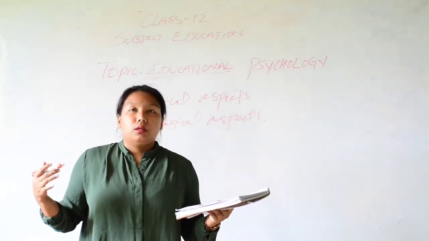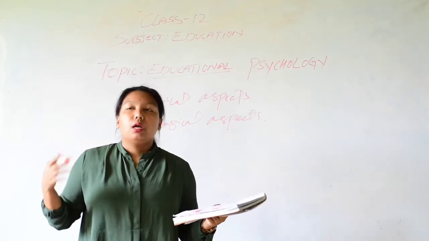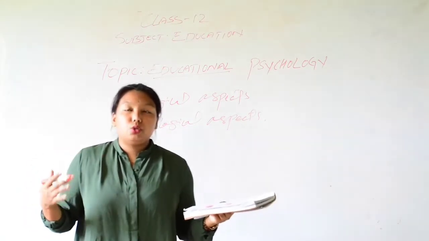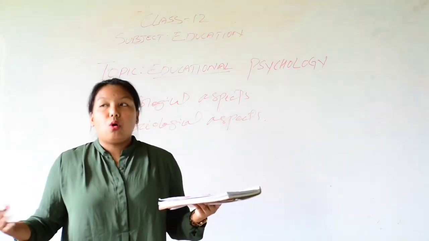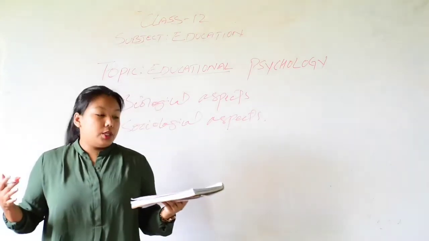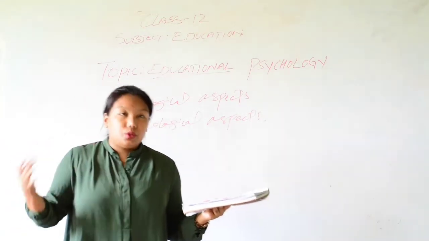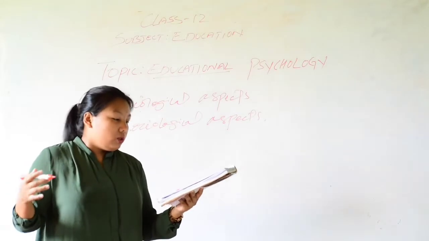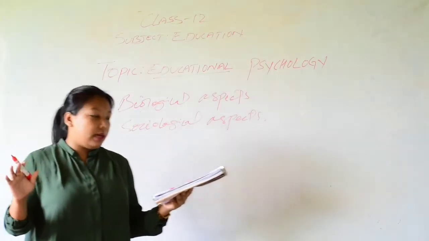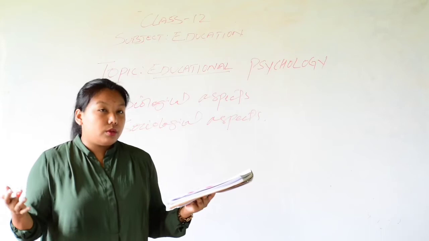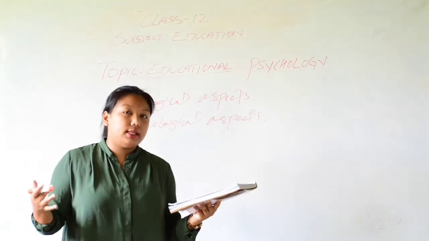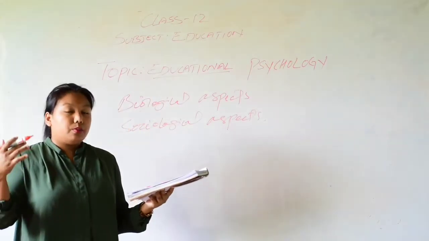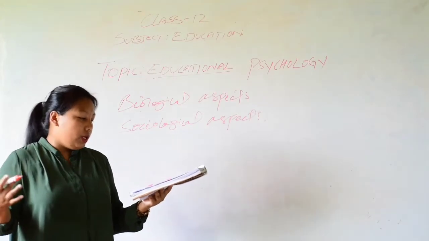For example, we learn from infancy till old age, or in simple words, education that we learn from womb to tomb. Okay, so now we have learned about the concept and the two senses of education, that is the narrow sense and the broader sense of education.